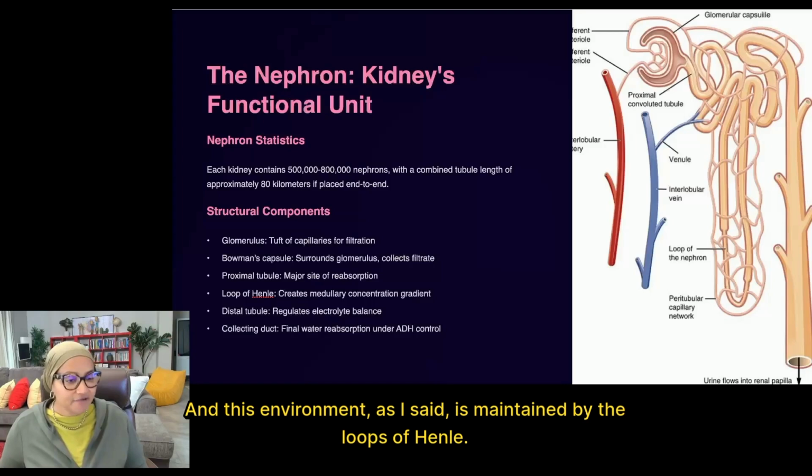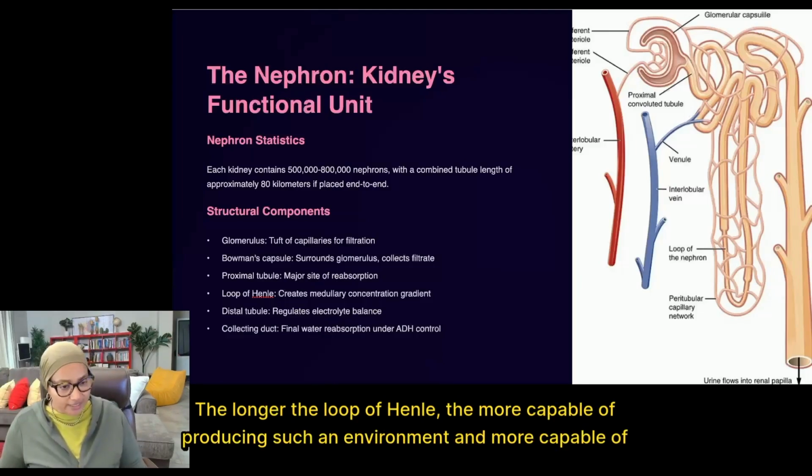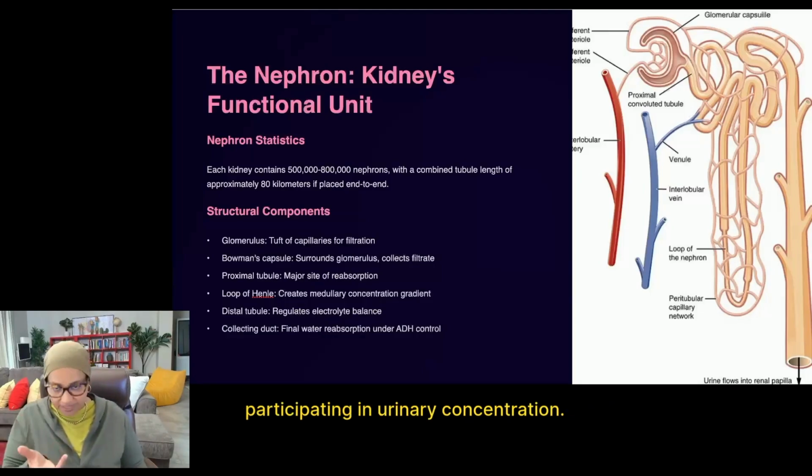And this environment, as I said, is maintained by the loops of Henle. This high solute concentration environment. The longer the loop of Henle, the more capable of producing such an environment and the more capable of participating in urinary concentration.